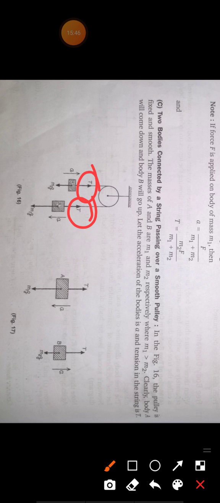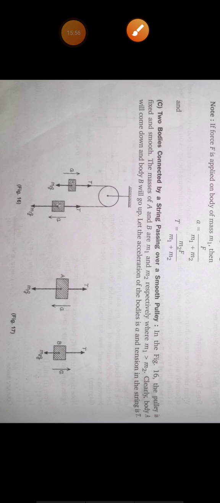If I consider a different thread, the tension in it will be different, so I'll write it here as T1 or T2. For the same thread or string, the tension will be the same.